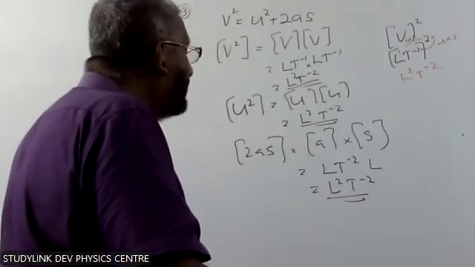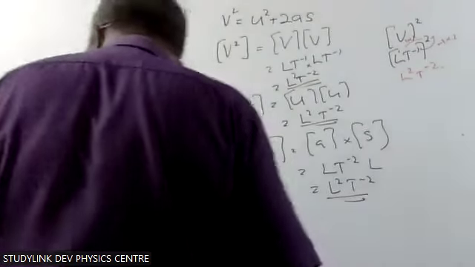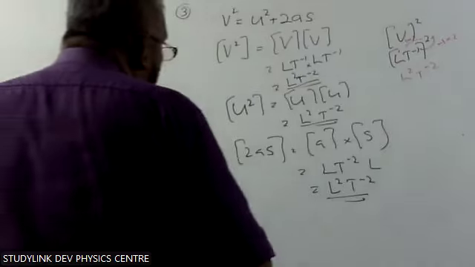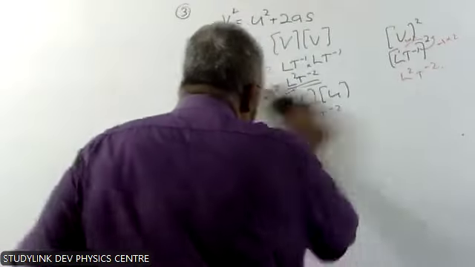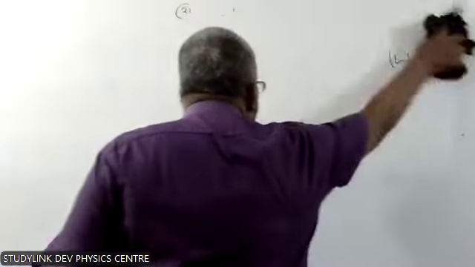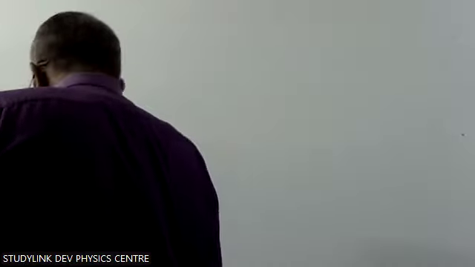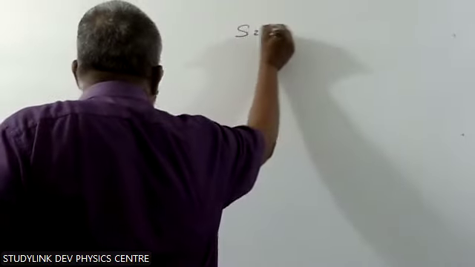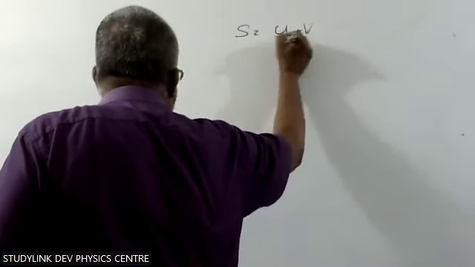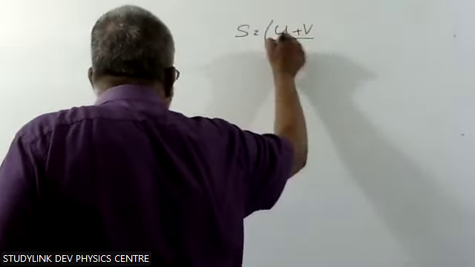Right. Now we'll consider another equation. That equation, S is equal to (u plus v) divided by 2, into t. Now it seems to be very different. Now the terms you can't see.